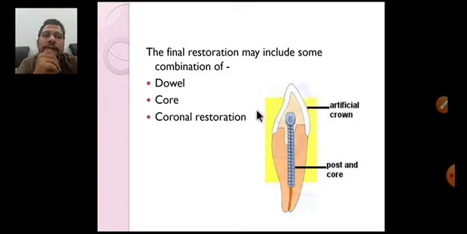So if there are any off-axial forces acting from the sides, those forces will be transferred to the core, which will be transferred to the post, and will be dissipated by transferring onto the internal walls of your post space. So it will be dissipated by transferring to these areas.